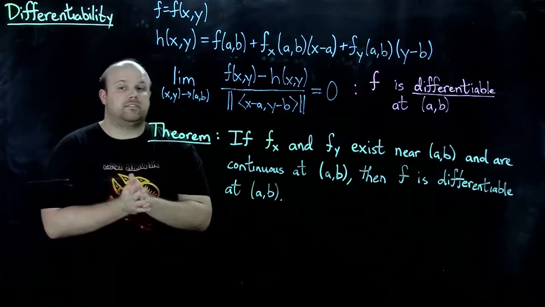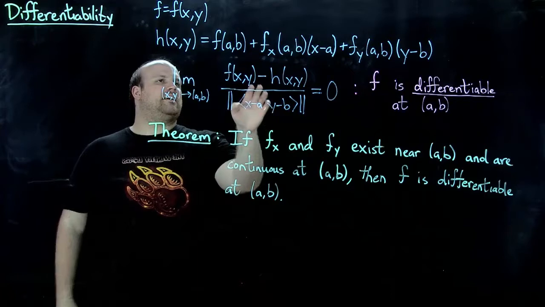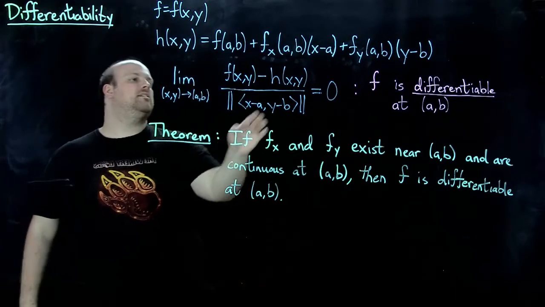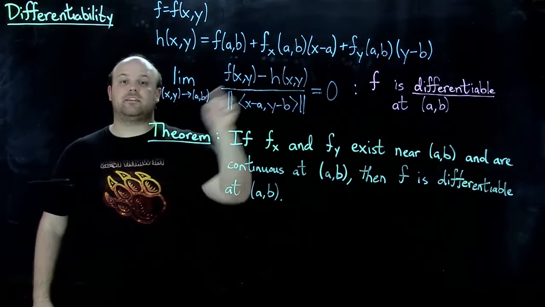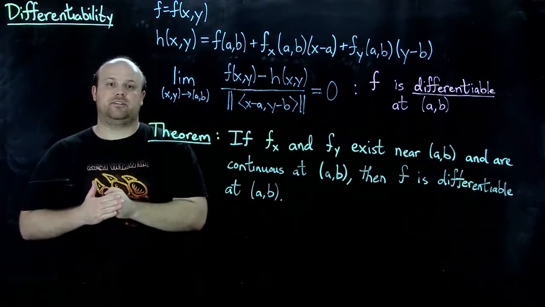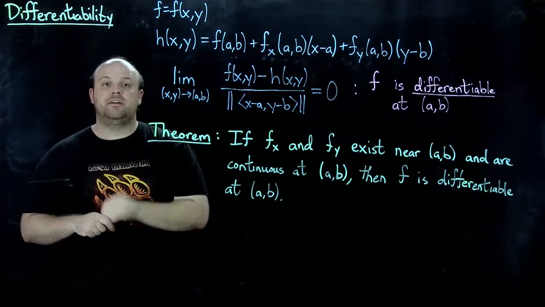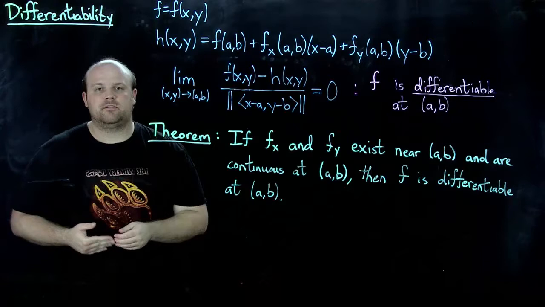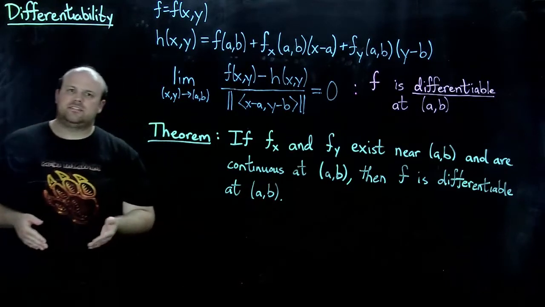But what it's saying is that the function should get really, really close to its linear approximation at the derivative if it's going to be differentiable. That's more or less what happened.